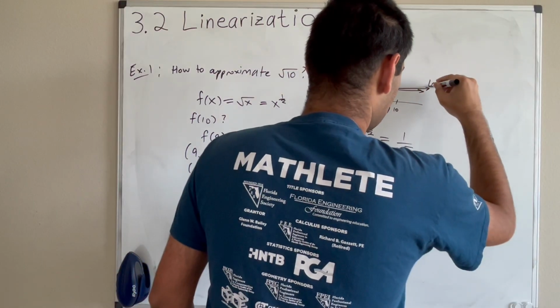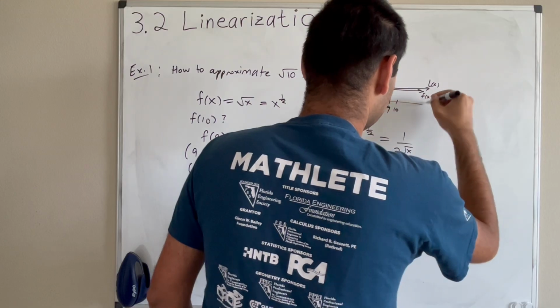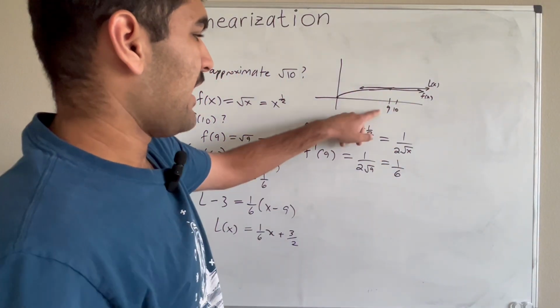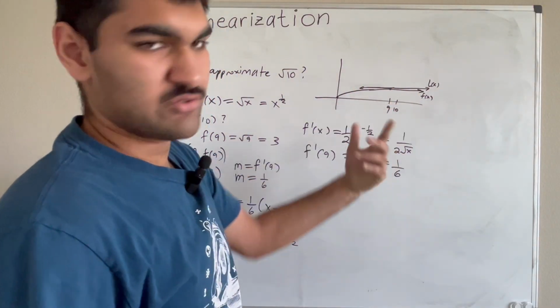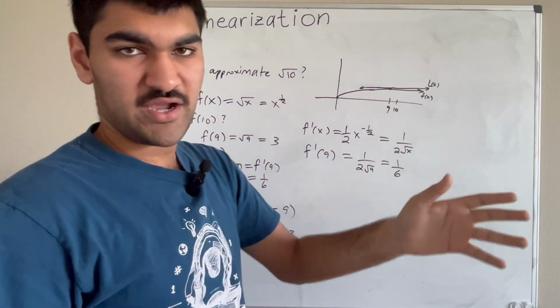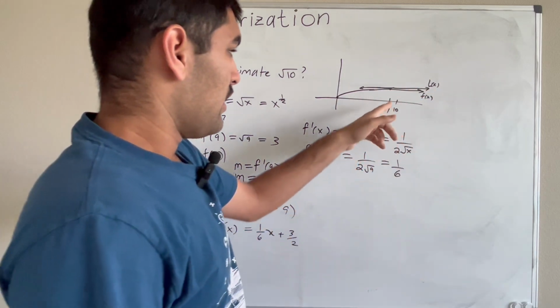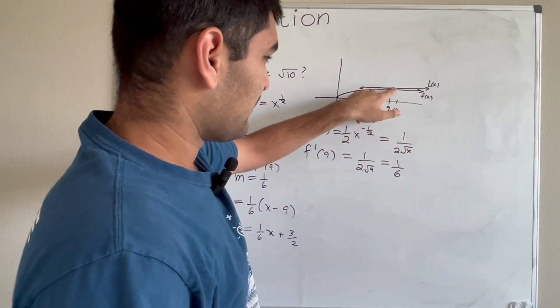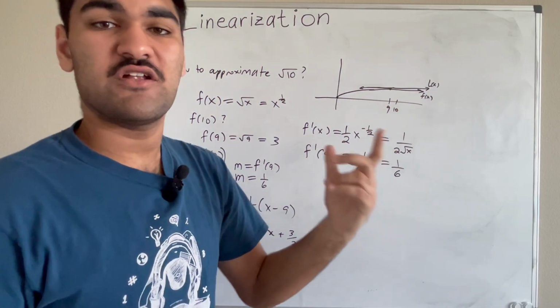So this is L of x, and this is f of x. Note how at x equals 9, L of 9 is equal to f of 9. But at x equals 10, there's a small gap, but the gap is relatively small still.